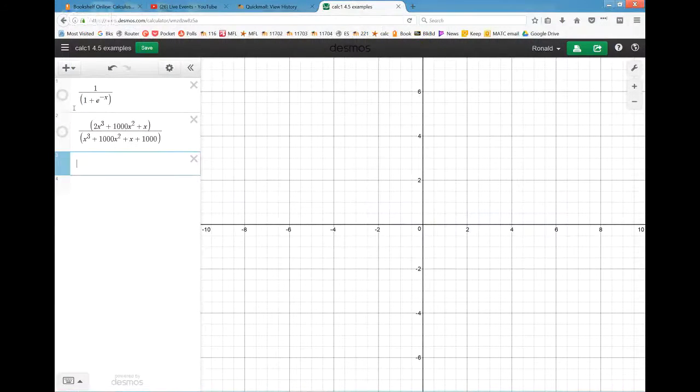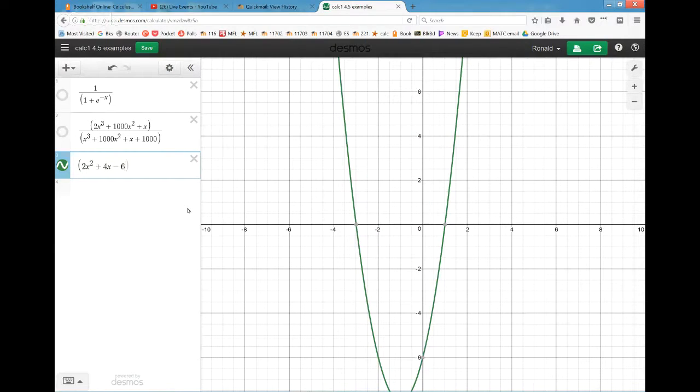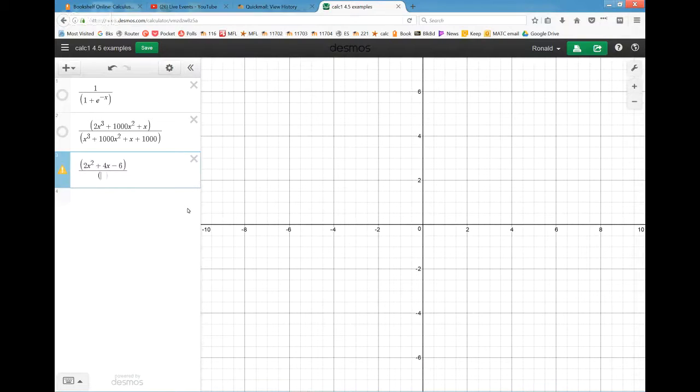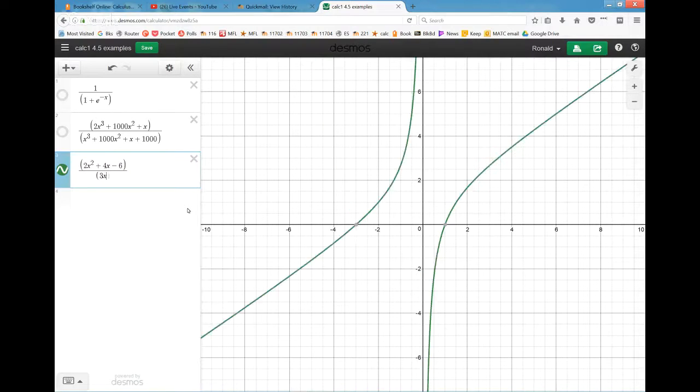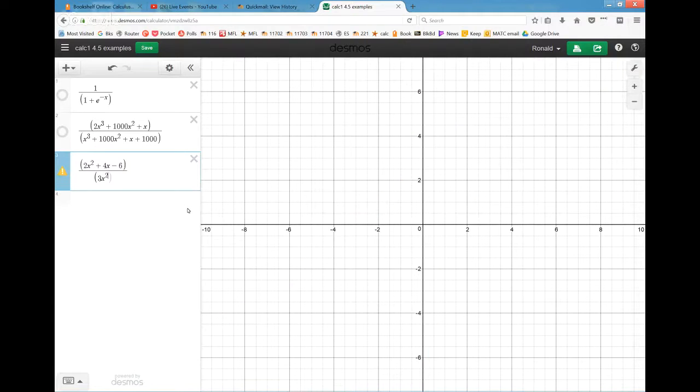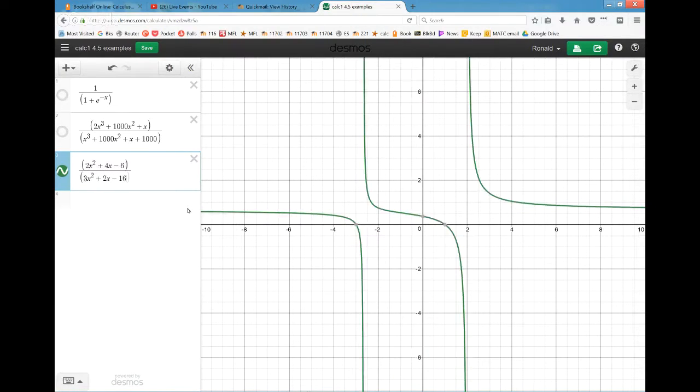So we have 2x squared plus 4x minus 6 in the numerator, and then we divide that by 3x squared plus 2x minus 16, and close parentheses.